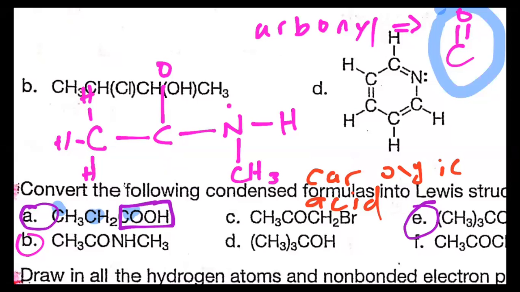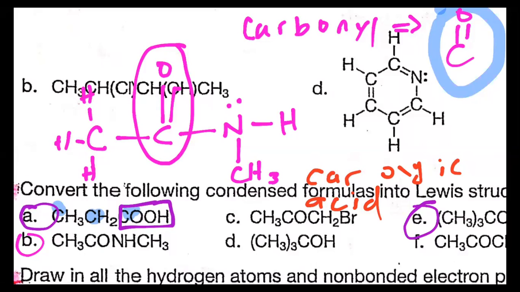And then nitrogen also has a lone pair. Now, what are we missing? A double bond to oxygen. Good. That's the Lewis form for that compound. This is another functional group. What's the C double bond O called again? Carbonyl. There are a lot of different types of carbonyls.